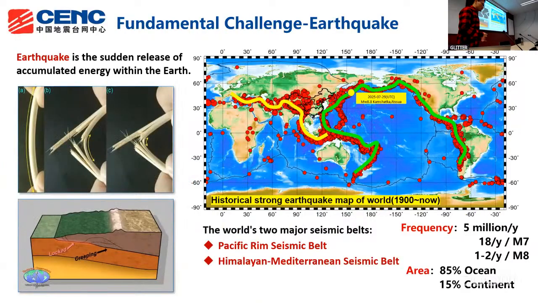After the introduction of myself and my institute, let's move to my research subject, the earthquake. An earthquake is the sudden release of cumulative energy within the Earth. This picture shows, imagine when we forcefully break a wooden stake, at first it bends.